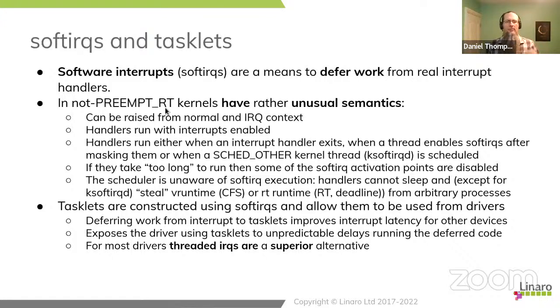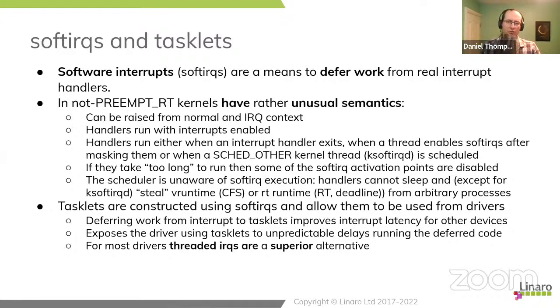On a non-preempt RT kernel, so on a normal kernel, they also have some quite unusual semantics. So they can be raised from either normal or IQ context. If you call them from normal context, they will start running immediately and take over the CPU from you. If you run them from IQs, like I said, they'll be run as you run out of hardware interrupts to handle. They're run with interrupts enabled. And I say they're run when you leave IQ handler, but that's not quite true.